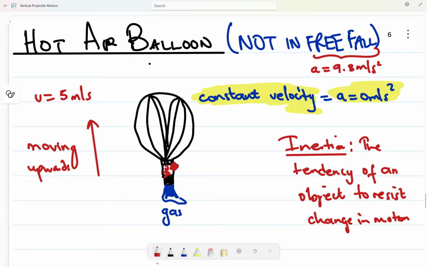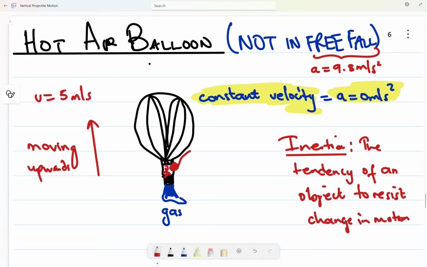It says an object will remain in its state of rest or motion at constant velocity unless a net force acts on it, right? So now, when this ball is dropped from this height, due to inertia, it still has that tendency of moving upwards.